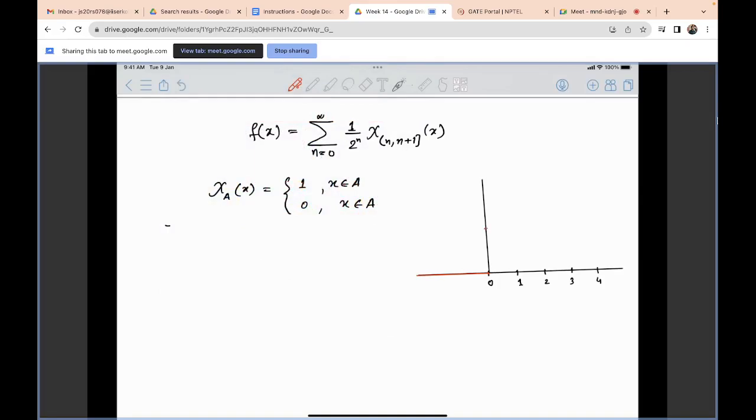At this point it takes 1, but it is open. And if you put n equals 1, it gives the interval 1 to 2 and it will take the value half.